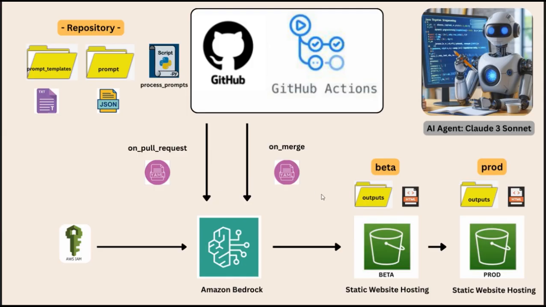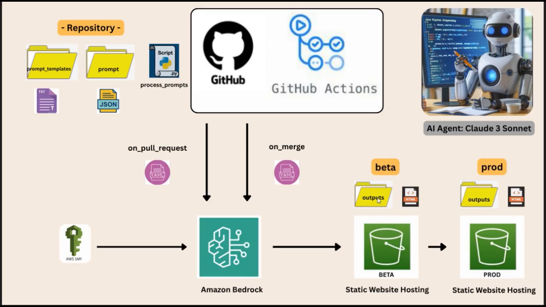So for this hands-on project, I will be working with two different accounts, one being my AWS account, my second being my GitHub account. Within the AWS account, I will be creating two S3 buckets, one for the beta environment, one for the prod environment. For the one in the beta environment, I will be creating a beta folder and an output subfolder.